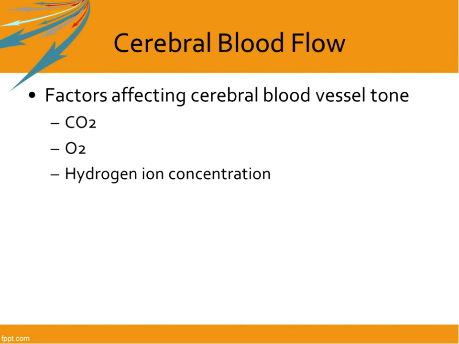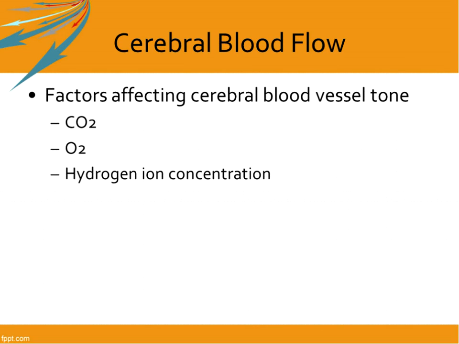A couple of factors influence cerebral blood flow, including carbon dioxide, oxygen, and the hydrogen ion. If we see an increase in the partial pressure of carbon dioxide in the arterial blood, that's going to relax the smooth muscles, so it's going to dilate the cerebral vessels.